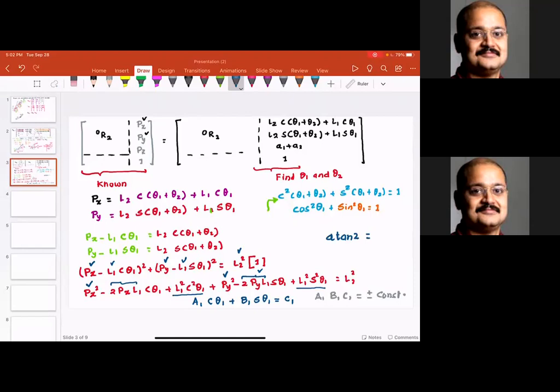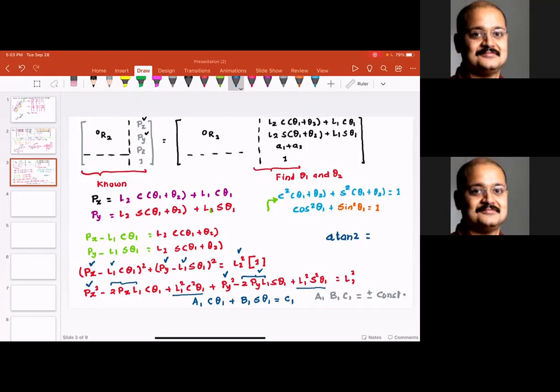You are left with a1 cosine theta 1 equals minus b1 sine theta 1, and you can find the ratio and take the tan inverse. But pure tan inverse gives you the solution in the first quadrant, and the robot can have angles in 360 degrees. So we have to use arctan so that we know the angle in 4 quadrants. So use atan2 and you can find the angle.